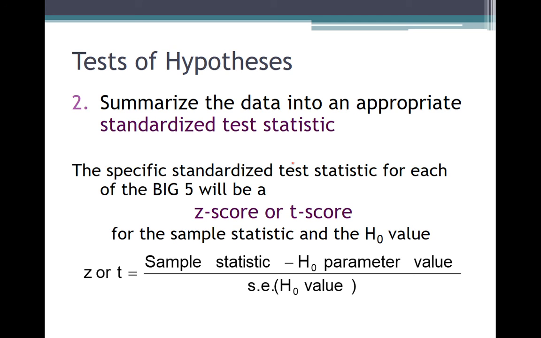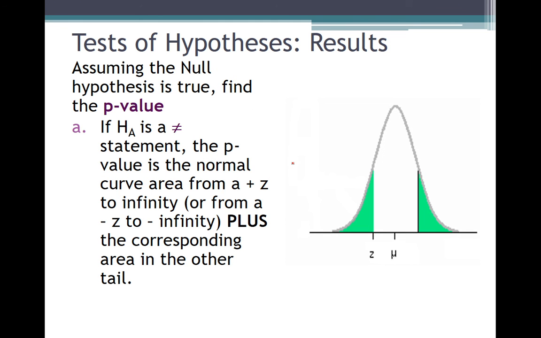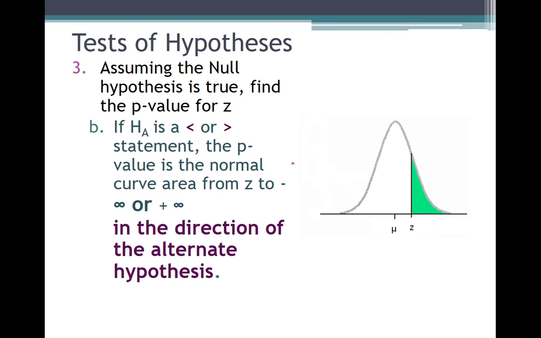But in general, like we had our estimate plus or minus our multiplier times our standard error, the z statistic is the sample statistic minus the parameter value, divided by the standard error. It's the same sort of deal again and again. If you have a two-sided alternative hypothesis, you calculate the area on both sides. If your alternative hypothesis is less than or greater than, you calculate the p-value on one side.